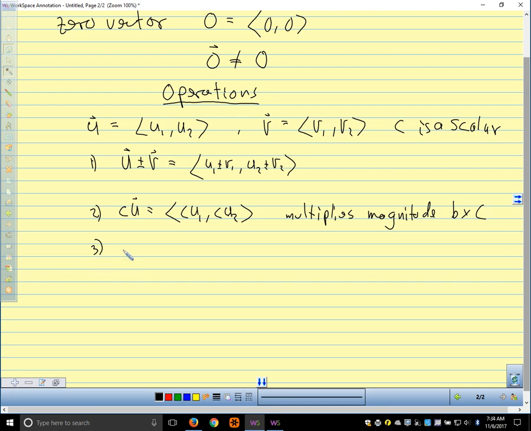And negative u, we can think of our scalar being -1, is negative u1, negative u2. And this is a vector in the opposite direction from u. So the negative turns it around.